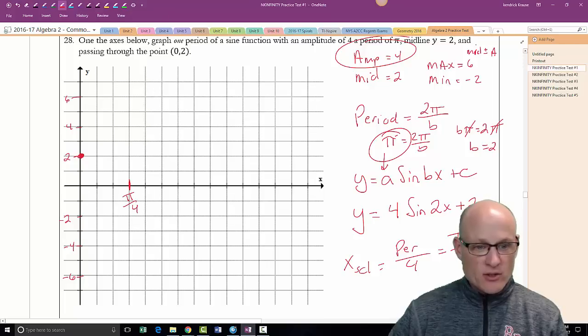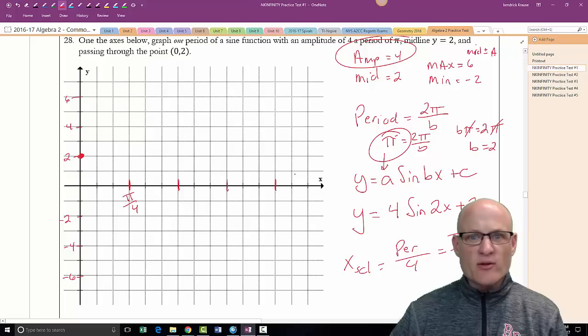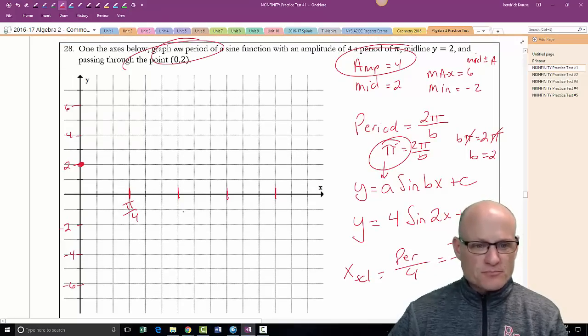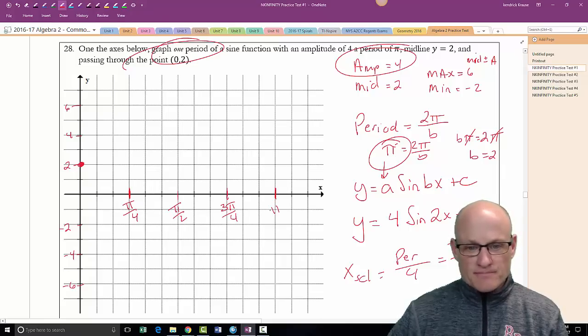Wait, let's see if I can get there. 1, 2, 3, 4. Because it just said 1 period. It says graph 1 period, right? So there it is right there, 1 period. So pi over 4, pi over 2, sorry, pi over 2, 3 pi over 4, and pi.